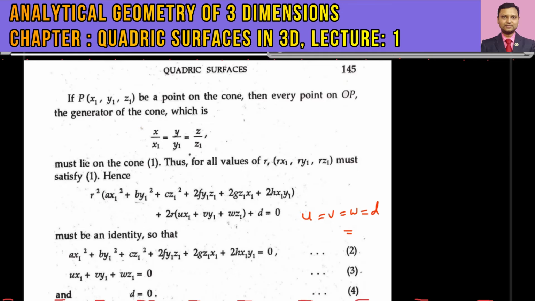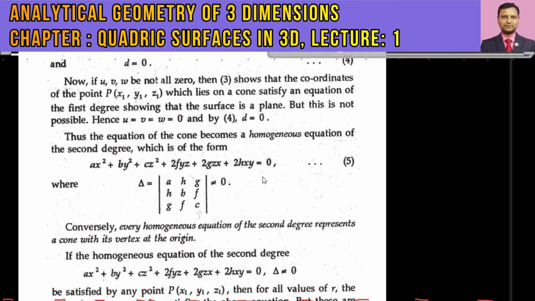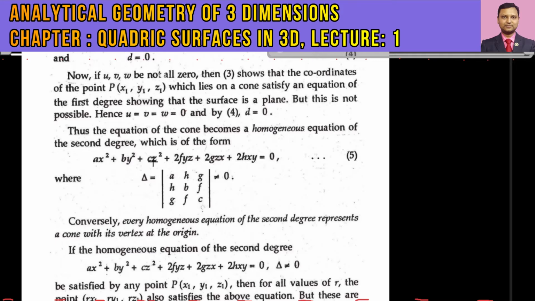So this is the condition under which a general equation of second degree will represent a cone. So if this is the condition, what would be the equation of the cone? We shall have this type of equation: ax square plus by square plus cz square, plus twice fyz plus twice gzx plus twice hxy.